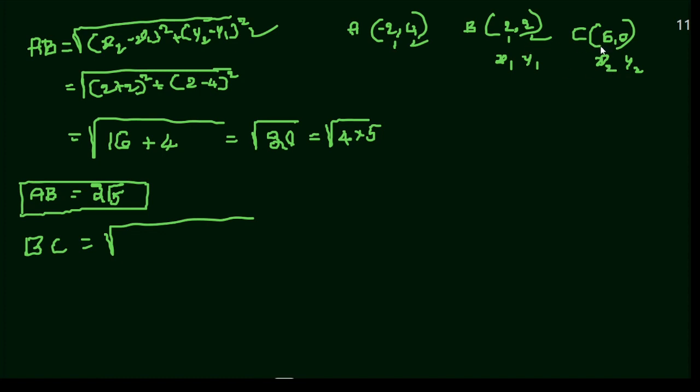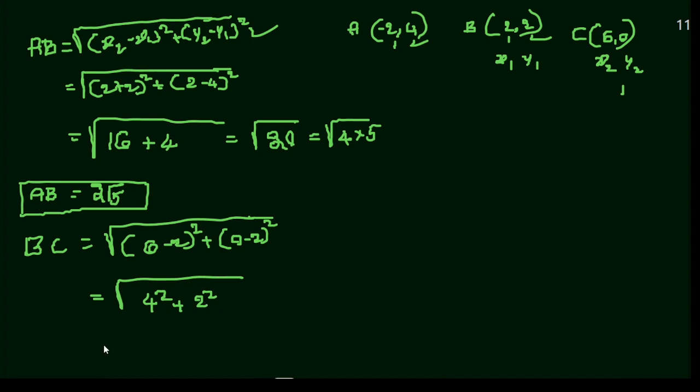Now substitute x2 minus x1, 6 minus 2, 6 minus 2 whole square plus y2, 0 minus 2, 0 minus 2 whole square. So 6 minus 2 is 4 square plus 2 square, that is 16 plus 4, again it is 20. So I can write 2 root 5, right?